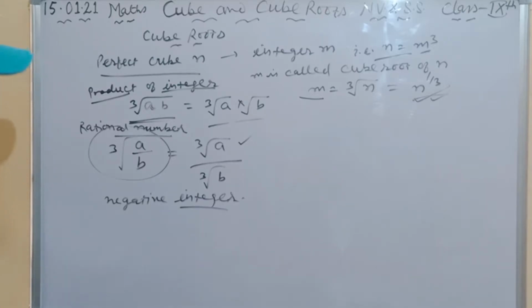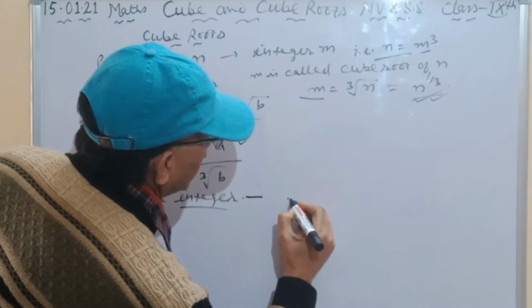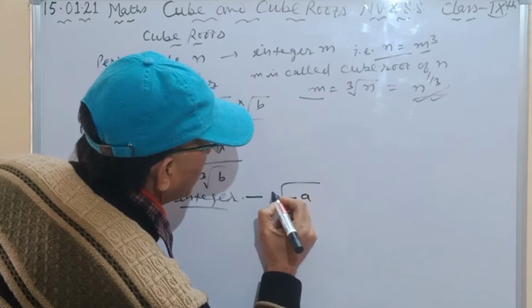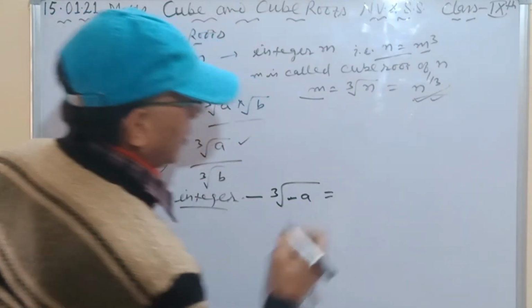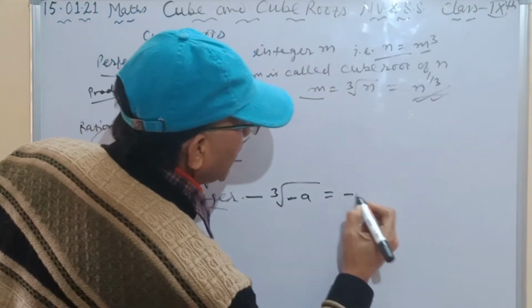In this case, if you are given any integer this way, then you will get minus.